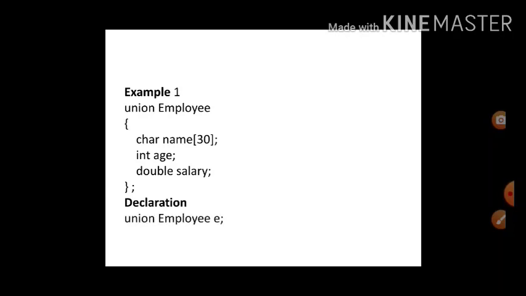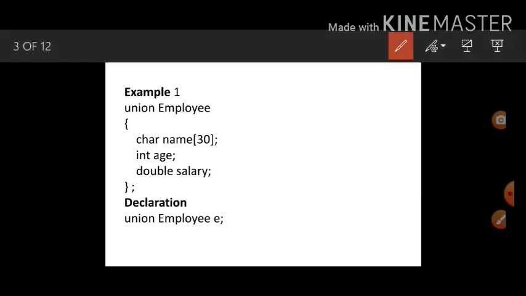Now how do we declare the union? Inside your program you need to write union employee, because that is the name of our union. This is the data type we created. So of this data type, the variable name is E or EMP, or any other variable name you would like to give.